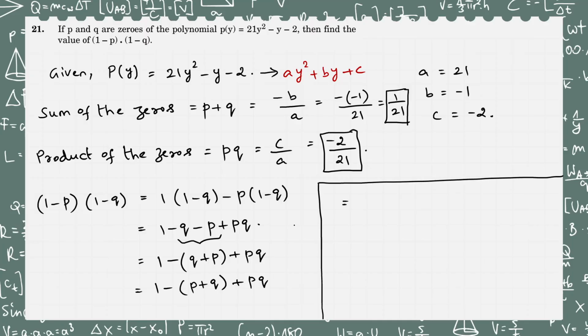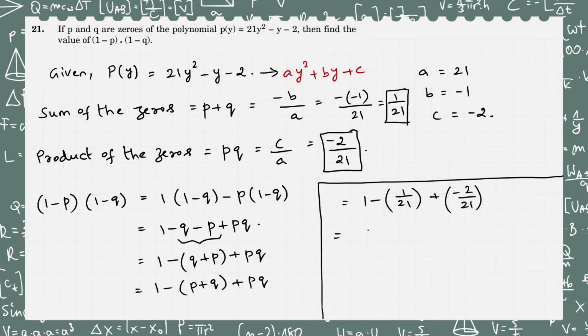So now I know what is p plus q and what is pq, so I can put them here. So that will be 1 minus p plus q's answer, which is 1 by 21, plus pq's answer, which is minus 2 by 21.